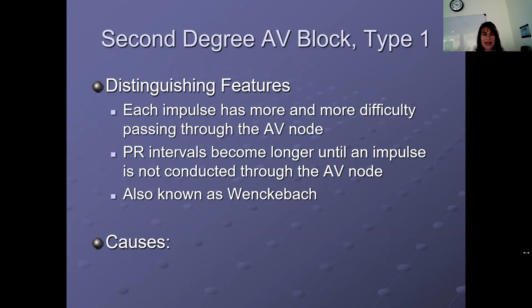So having low potassium, you need potassium in order for conduction to occur normally. If the potassium is really low, you can have second degree type 1. You got all three of those written in? Okay.